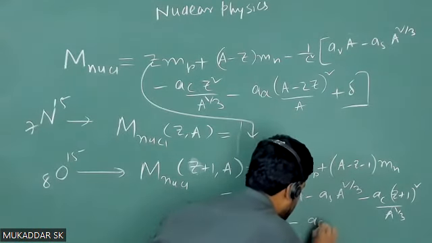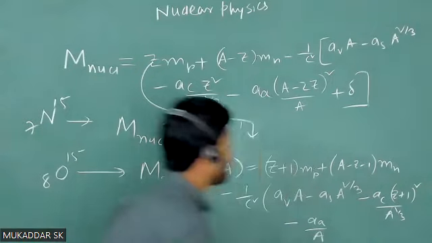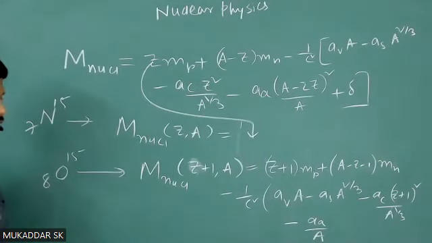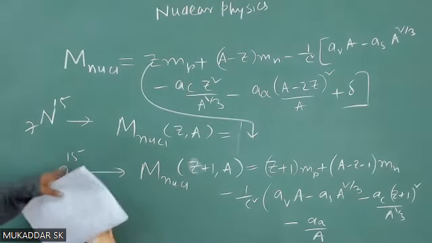so it will be a_A by A, A minus 2Z का whole square कितना हो जाएगा, A minus 2Z का whole square कितना आ जाएगा, चेक करो जरा.